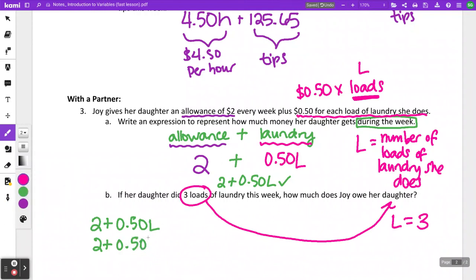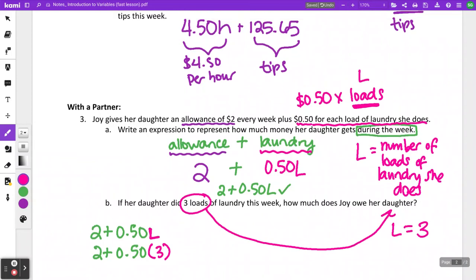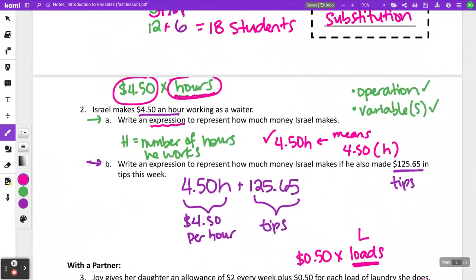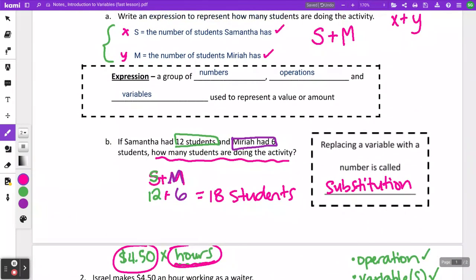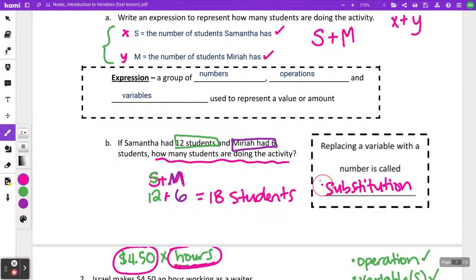So I can replace L with the number 3. And I'm using parentheses because remember earlier you told me this was multiplication. I just went ahead and I replaced my variable with a number. What was that called? Do you remember? It's up here. There it is. It's on the screen. It's called substitution.